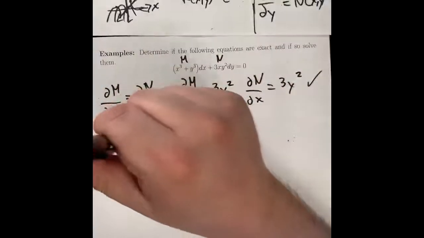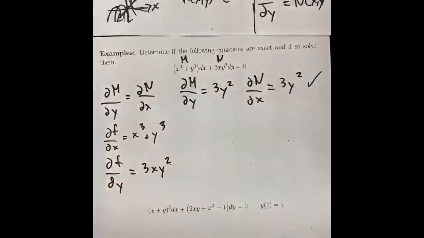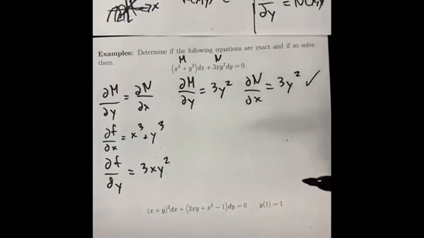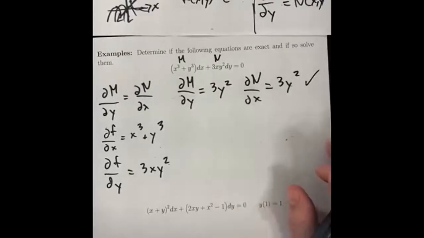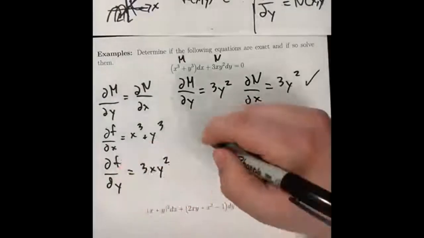If we want to cancel out this derivative of f, we can just integrate both sides. You can start with either equation, it doesn't matter which one. Sometimes I pick whichever I think might be easier to integrate. In this case, neither is all that challenging, so let's just do the first one.